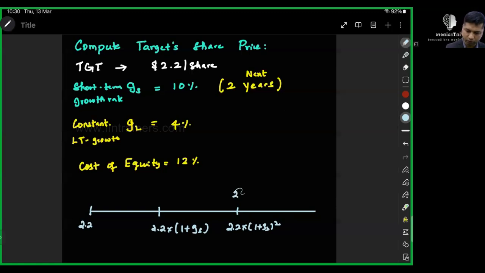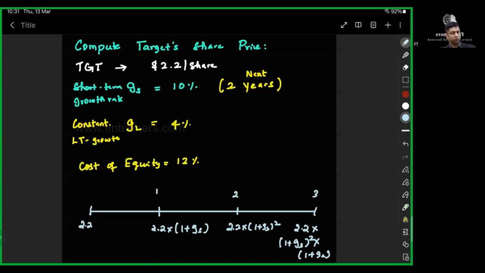In your third year, you will get 2.2 into 1 plus GS squared, multiplied by 1 plus the long-term growth rate, which is 4%, right?